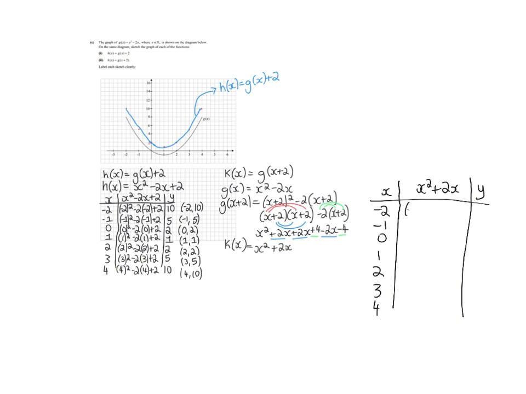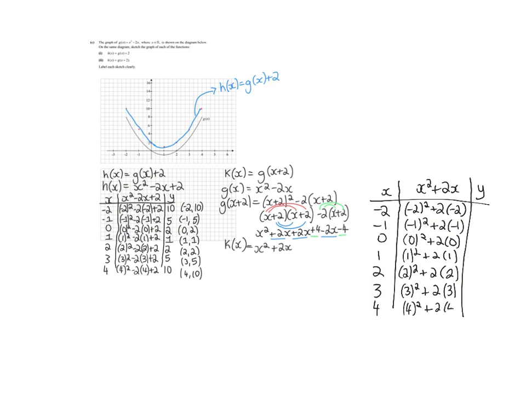So here this becomes minus 2 squared plus 2 times minus 2, minus 1 squared plus 2 times minus 1, 0 squared plus 2 times 0, 1 squared plus 2 times 1, 2 squared plus 2 times 2, 3 squared plus 2 times 3, and 4 squared plus 2 times 4.